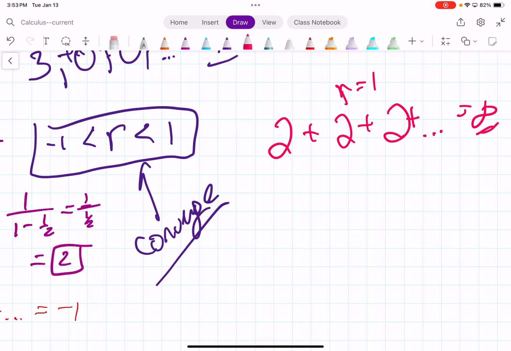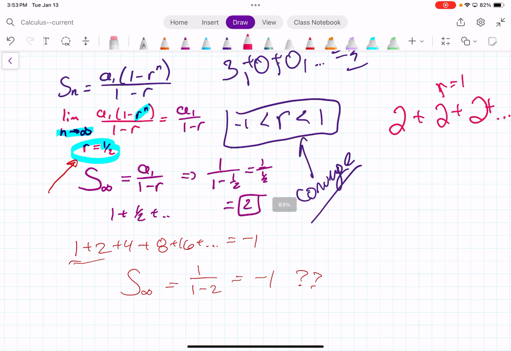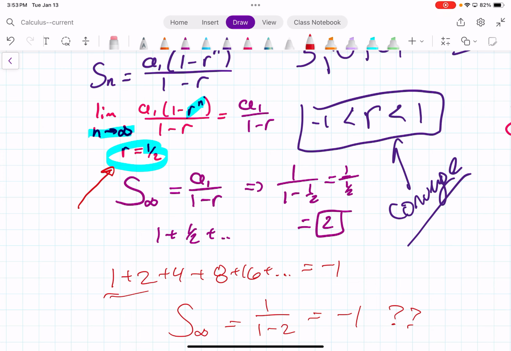It doesn't produce a sum, or the sum is infinite, unless r is between negative 1 and 1. So you can definitely write this formula down, but we definitely want to link it with that condition. It's only true if it converges.